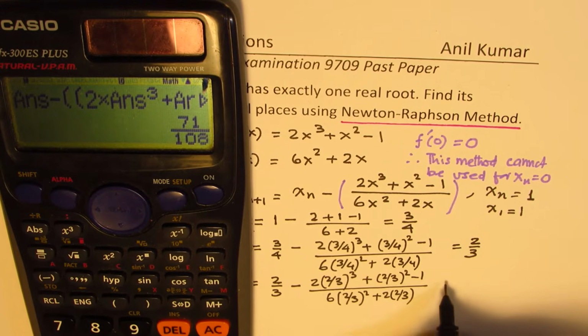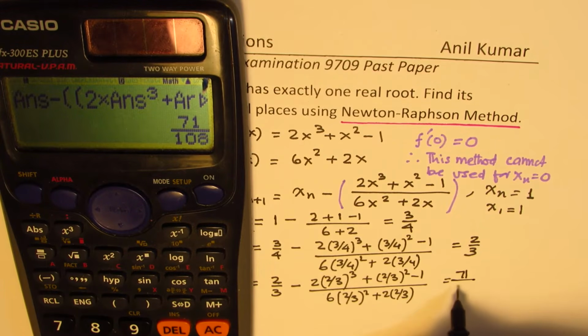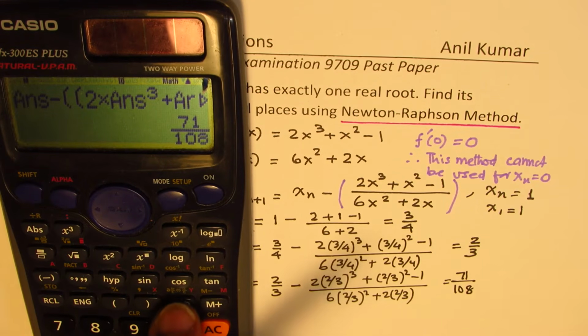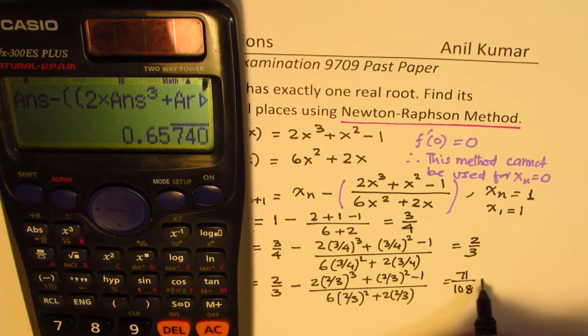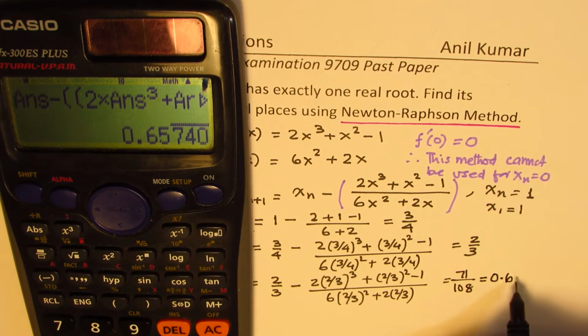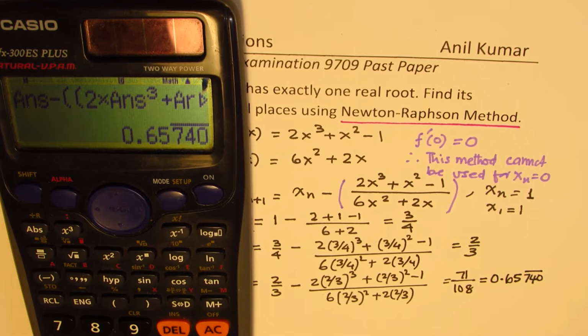So we get 71 over 108. Let's also convert to decimals to see what numbers we are getting: 0.65740 recurring. That's what we got.